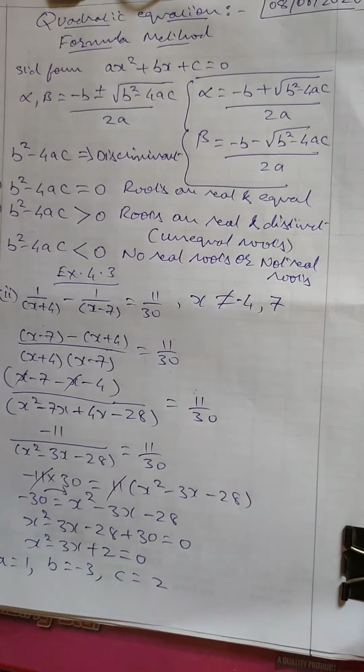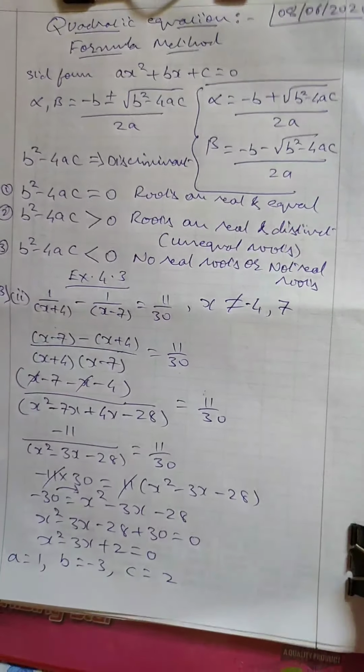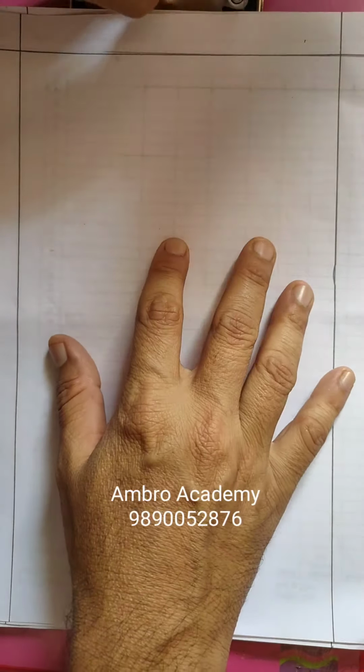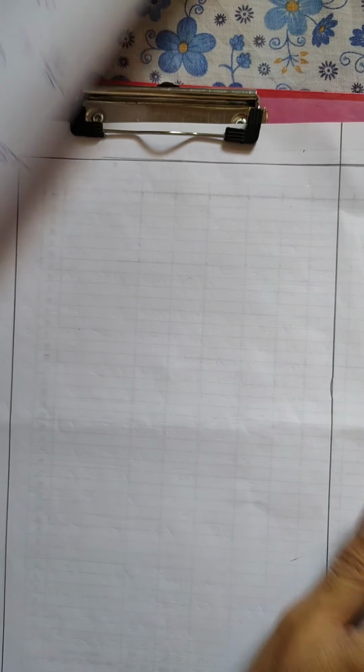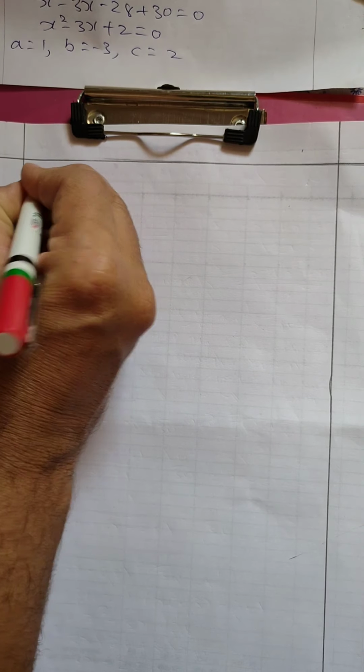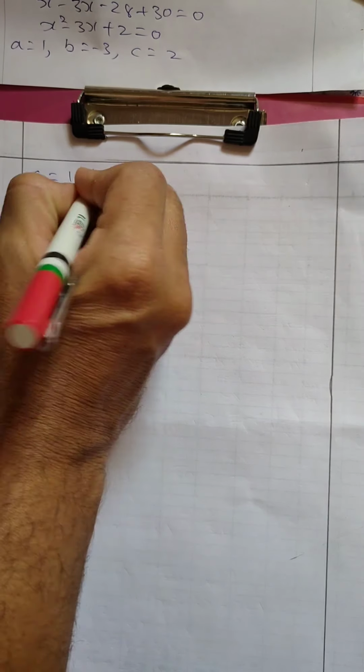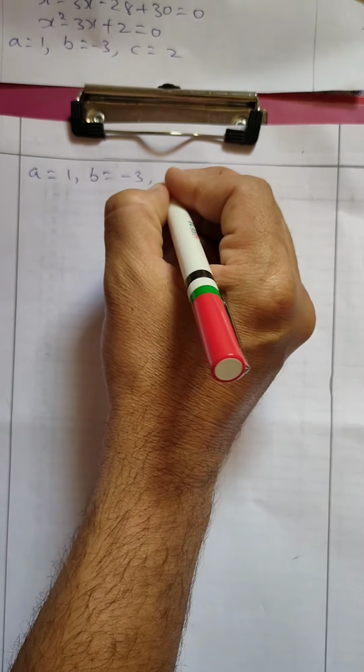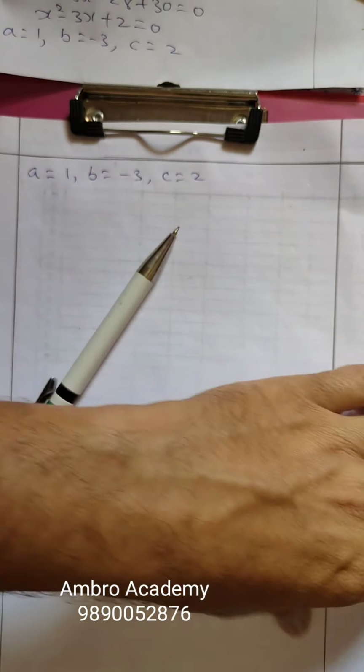Now we will solve this problem by formula method. So we will write here a is equal to 1, b is equal to minus 3 and c is equal to 2.